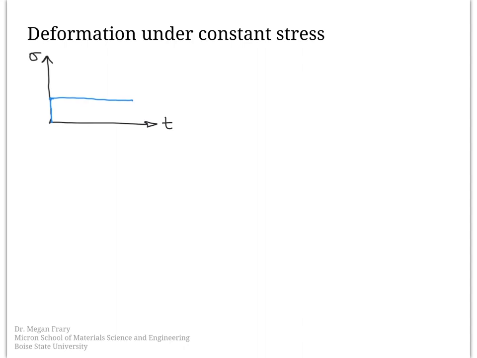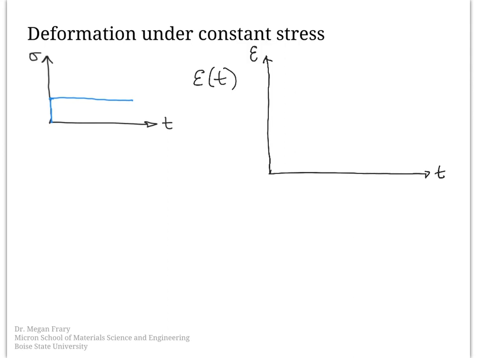Now, in other crystalline materials, so long as this stress was below the yield strength, then the material would have some essentially instantaneous elastic deformation, and that elastic deformation would be unchanging in time, assuming the temperature were low enough. It's not the case, though, in polymers, where we observe some strain that is a function of time. So the strain is changing in time. Let's take a look at what that looks like.